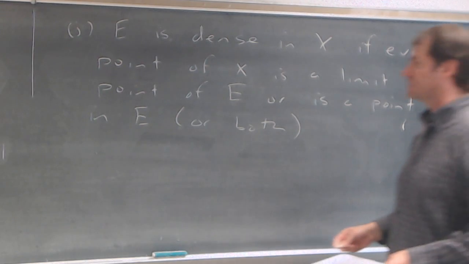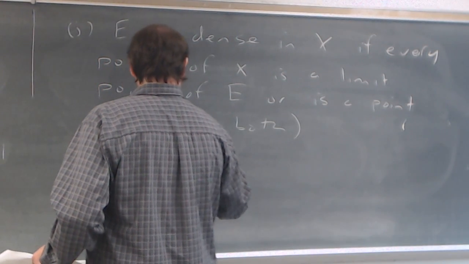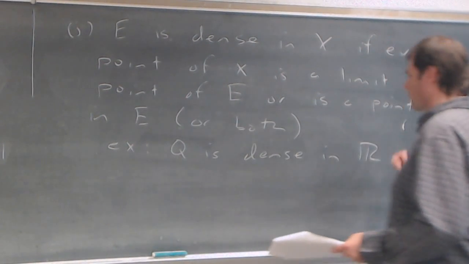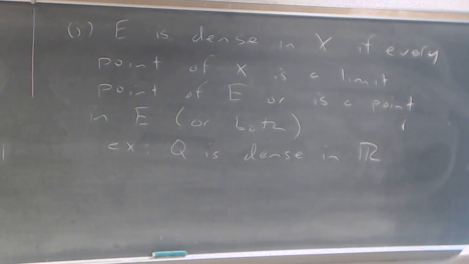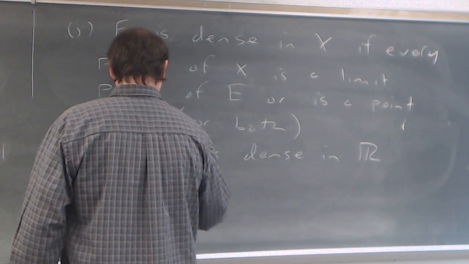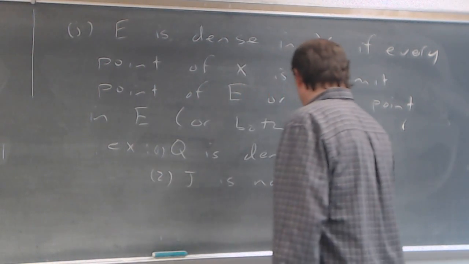And it turns out, as examples, Q is dense in R, and J is not dense in R with our usual metric on the real number line.